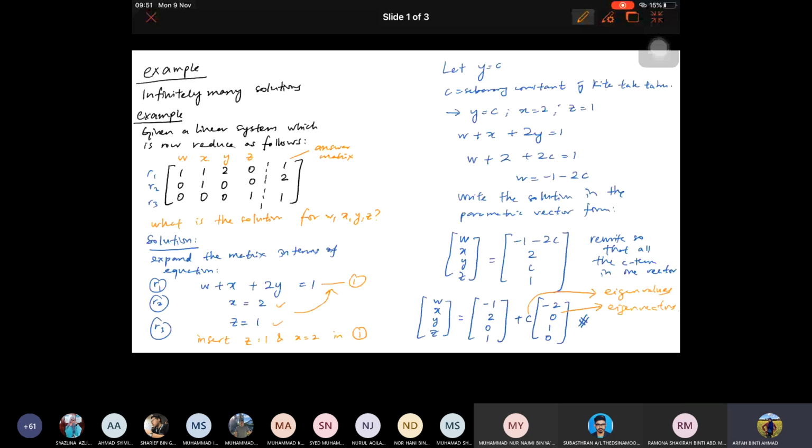Macam mana saya ni daripada persamaan ni, negatif 1 saya keluarkan, 2 saya keluarkan, 0 saya keluarkan, 1 saya keluarkan. Kenapa 0? Sebab dia tak ada scalar dekat sini.